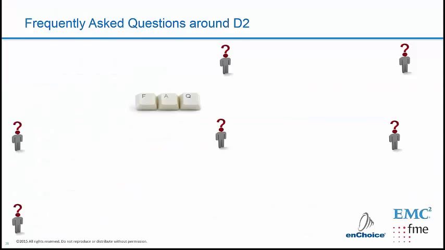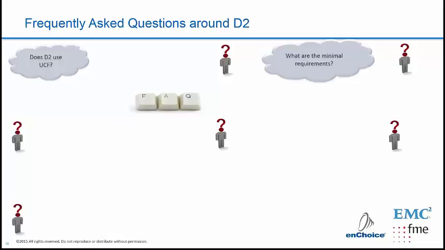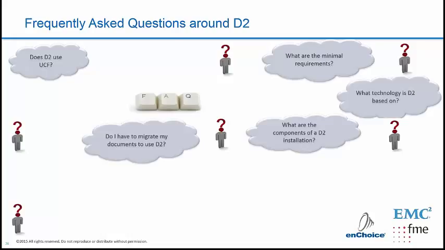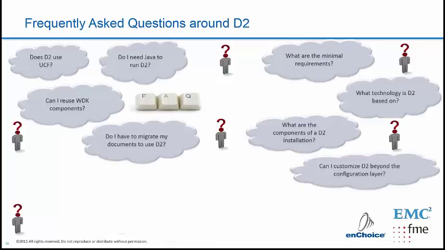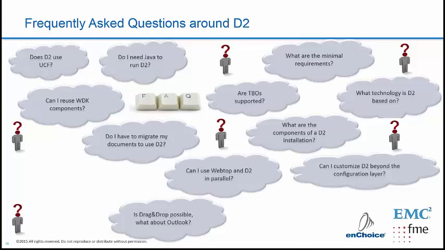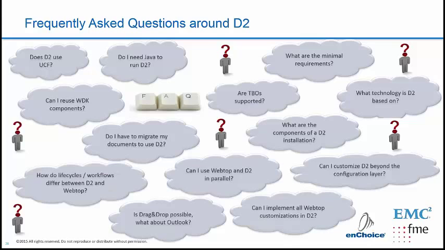So, frequently asked questions. There are a number of bubbles here, so we'll tab through it and get them all on the screen, because I'm not going to talk about every single one of them given the time today. For those thinking about it: what are the minimum requirements, for example? What Java do I need? These are a bit technical, but can I use WebTop and D2 together in the same environment, in the same repository?